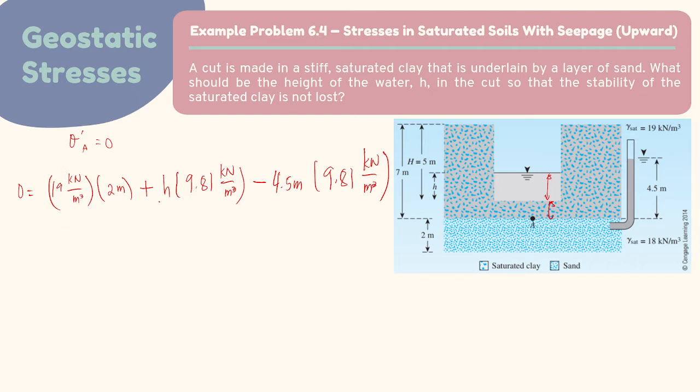Solving for H, we get 0.6264 meters. This part here is the total stress, and this part is the pore water pressure. So again, your effective stress is equal to 0.